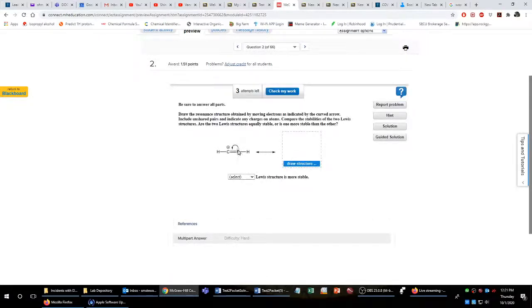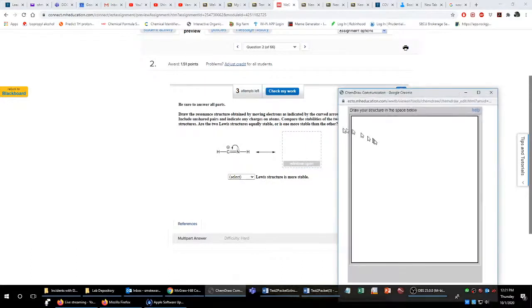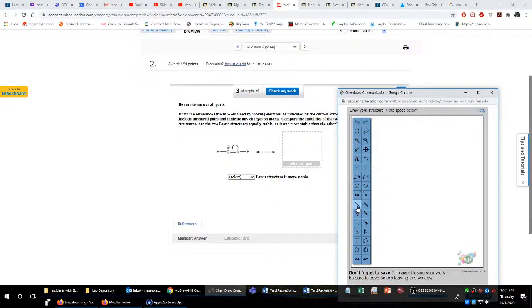So here we have a lone pair being pushed over between the two. Let's go ahead and just draw out our atoms. Hydrogen, carbon, nitrogen, hydrogen. We're going to convert this double bond to a triple bond.